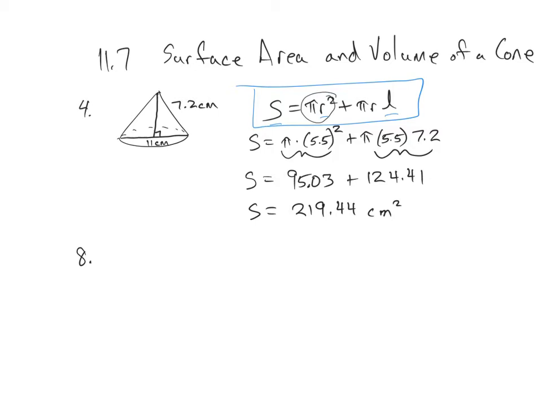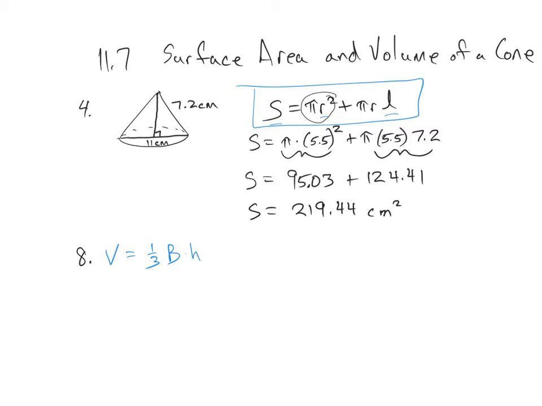Number 8, volume. So just like volumes of pyramids, prisms had a normal volume formula, and then you got to pyramids, and that you had to take 1/3 of it. So again, volume is 1/3 the area of your base times the height of your cone. So it looks very familiar. The formulas are all the same, except all these things mean something different.